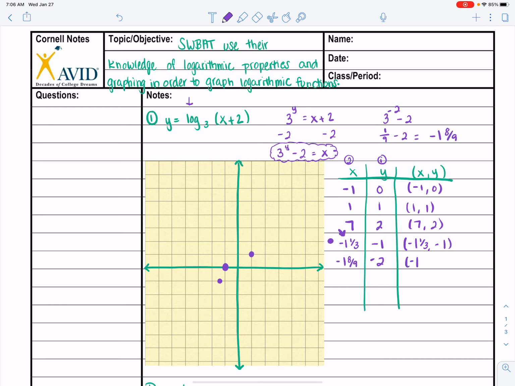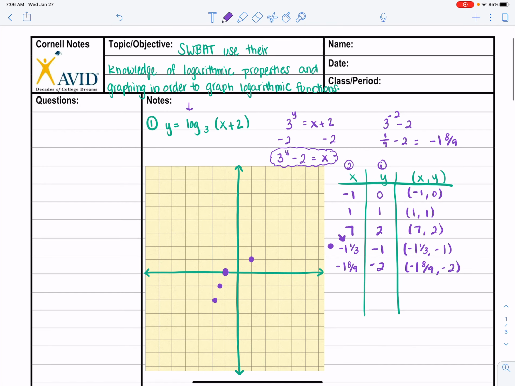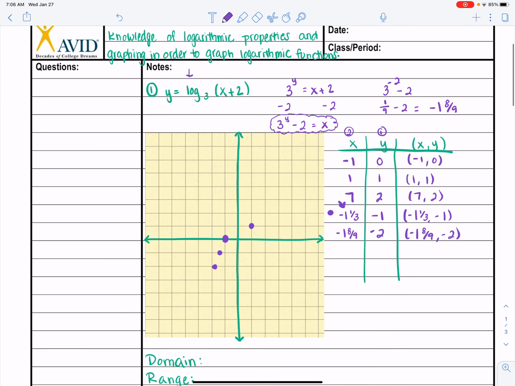So we're at negative 1 8/9, negative 2. Okay, so we've got a pretty good idea that this is going this way. It's getting really close to negative 2, but it's not touching it.